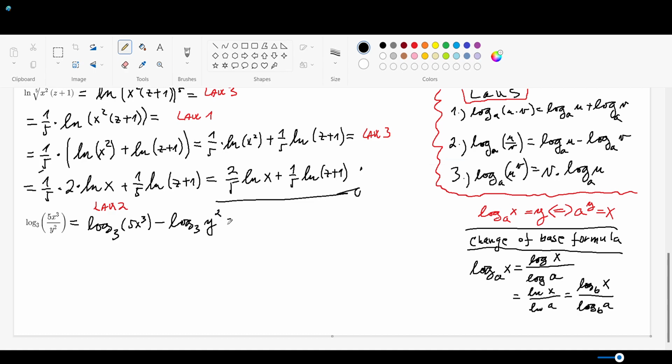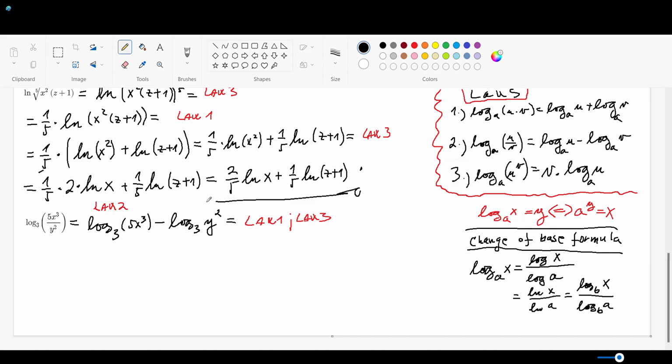And this is equal to, now we will use law number 1 for this expression. So law number 1, I would suggest, as I said before, you can solve it faster. So we will use law number 1 for this expression, and we will use law number 3 for this term.